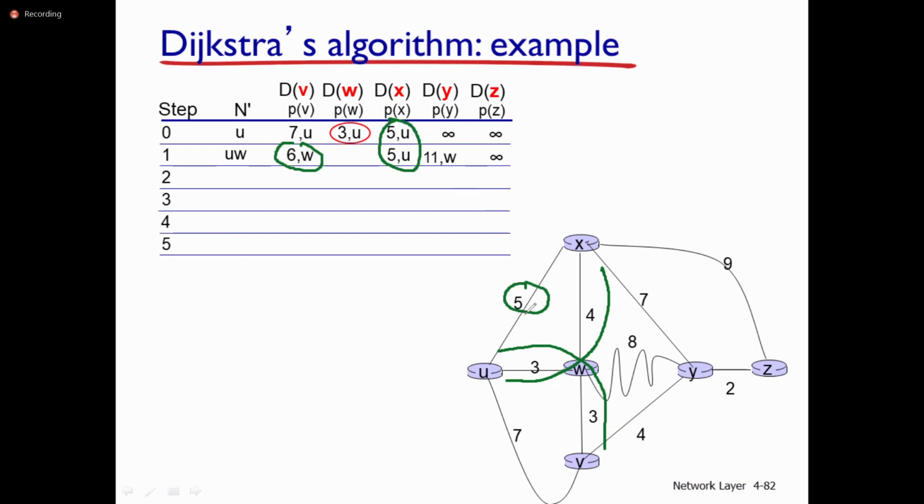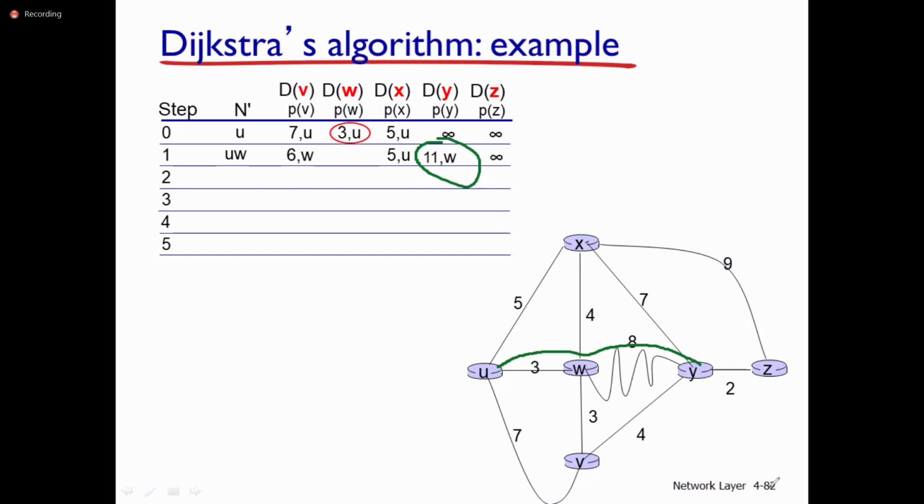Then Y: U, W and Y, 3 plus 8 is 11, so 11 comma w. W is the previous node, the predecessor node.